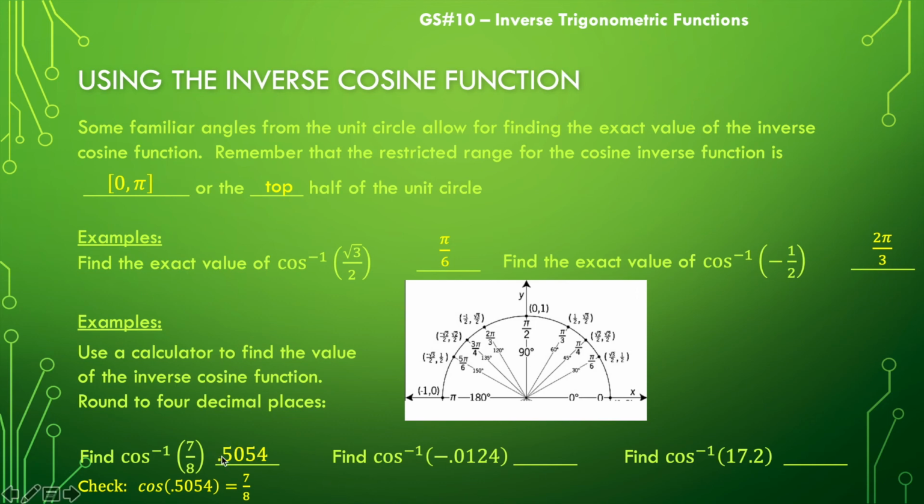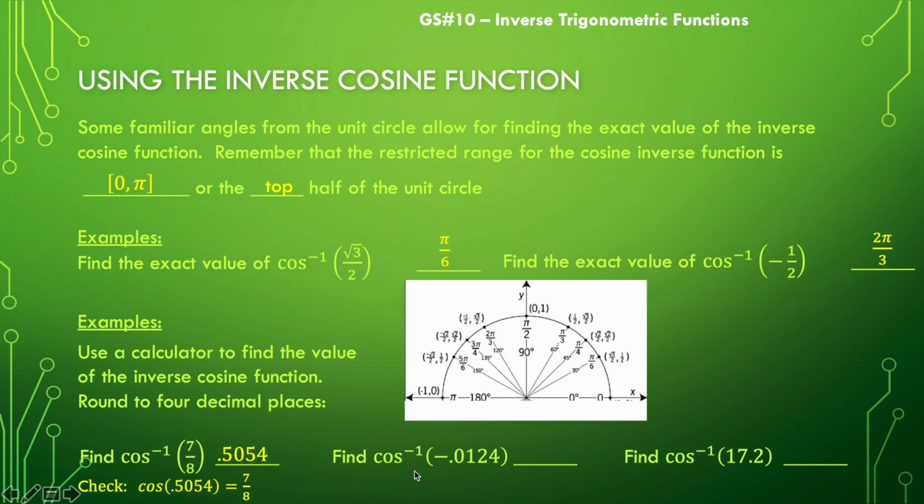We get an approximation of 0.5054. Well, what does that mean? That means 0.5054 radians. If I took the cosine of that angle, I would get 7/8. Okay, so it's always wise to check and make sure that when you write it the other direction, you get the same thing out.